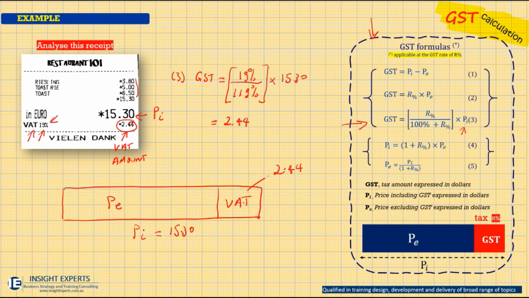Now to calculate the price excluding VAT, we simply subtract the VAT amount from PI, or you can use any of the other equations. You can use equation 5, which is simply dividing the price including GST by 119%. In either case, you will get the same amount, which is 12.86.